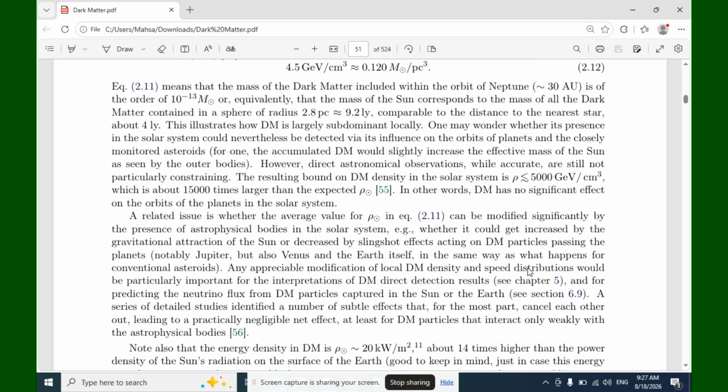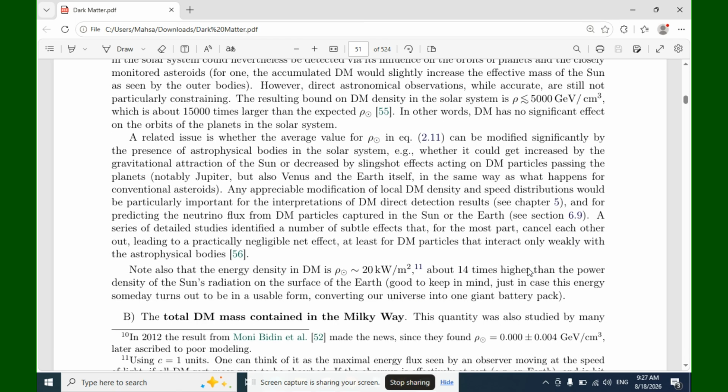A series of detailed studies identified a number of subtle effects that, for the most part, cancel each other out, leading to a negligible net effect, at least for dark matter particles that interact only weakly with the astrophysical bodies.